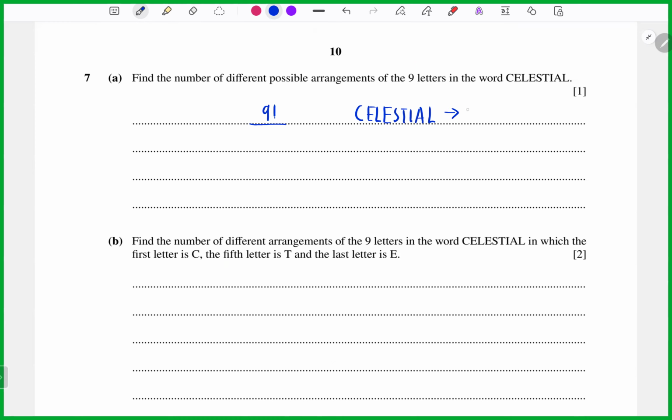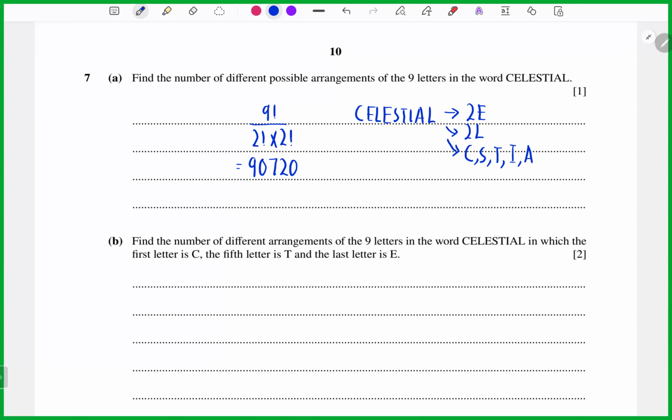You see, there are 2 E's and 2 L's, and the other letters are C, S, T, I, A. So you need to take 2 factorial multiply 2 factorial, which equals 90,720.